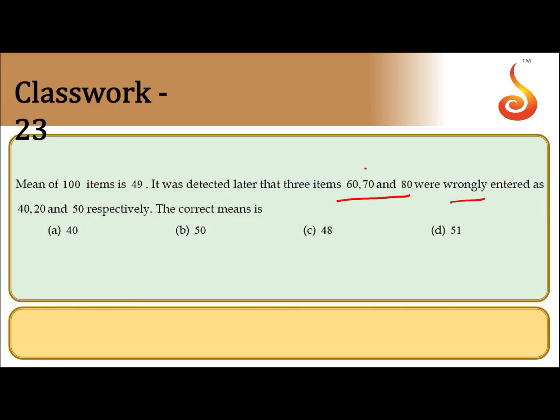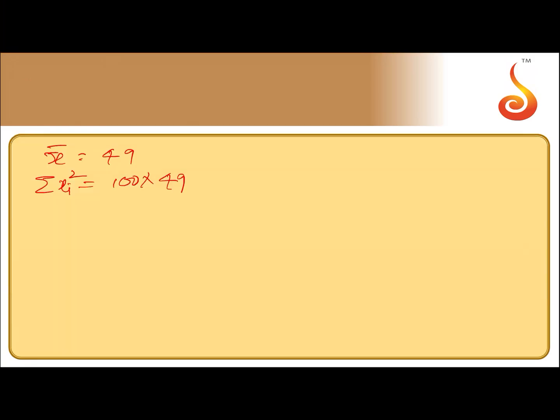But in which there are 3 numbers which are written wrongly, and those wrong numbers are 40, 20, 50. So 40, 20 and 50 plus remaining, that is a sigma xi dash, from here, you will be getting it as a 4900.